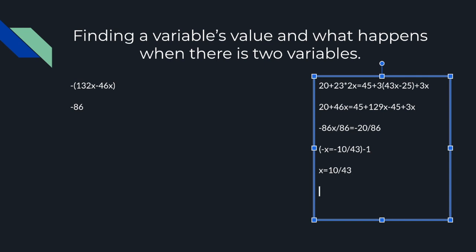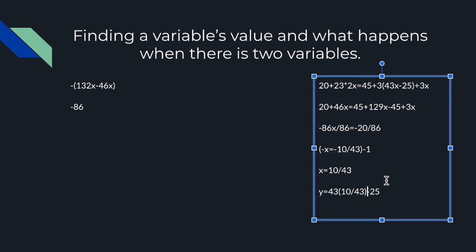And now what does y equal? Y equals 43x minus 25. So when we have this, 43x is now 10/43.